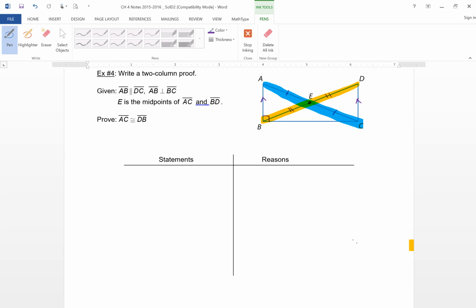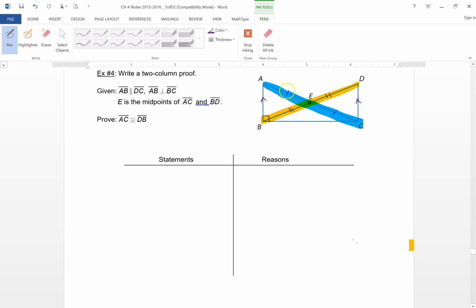So, here's what we're going to do first. Basically, at the end of the day, I want to prove that this big triangle is congruent to this big triangle. And then I could say CPCTC for the long diagonal lines.